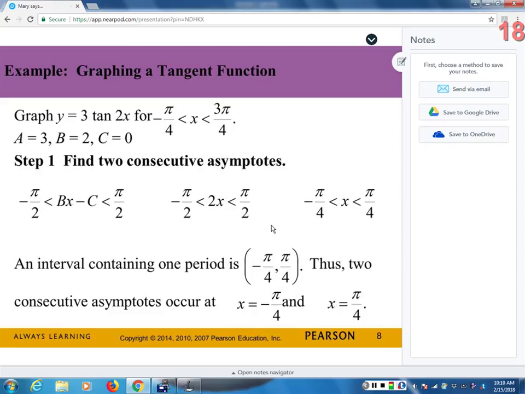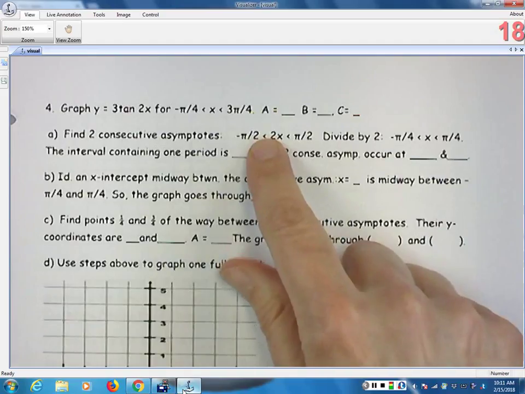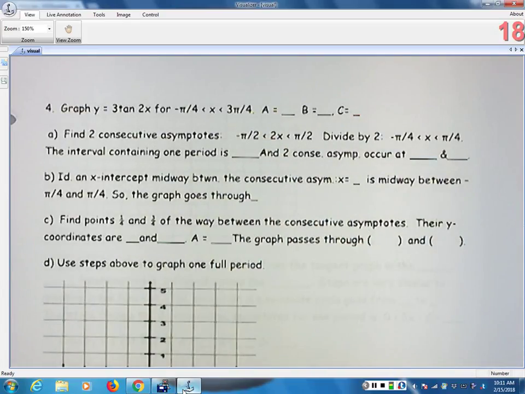So we're going to graph y equals 3 tangent 2x. I'm going to do this solution down here.